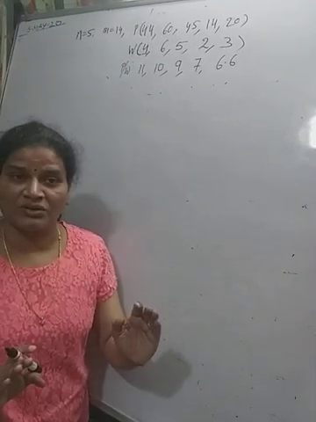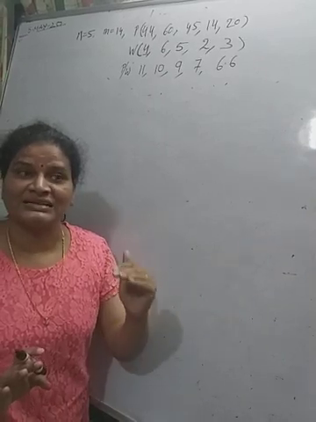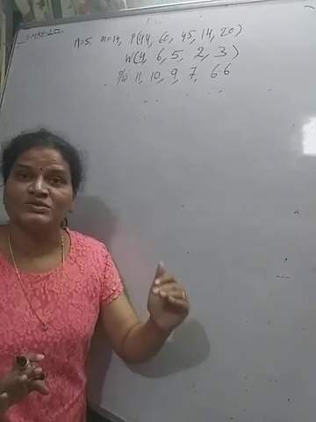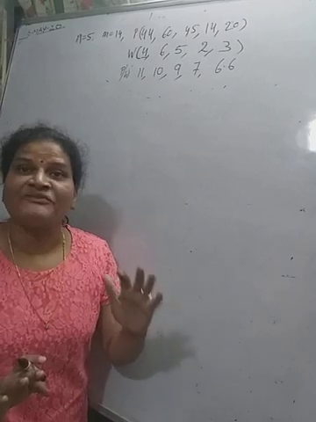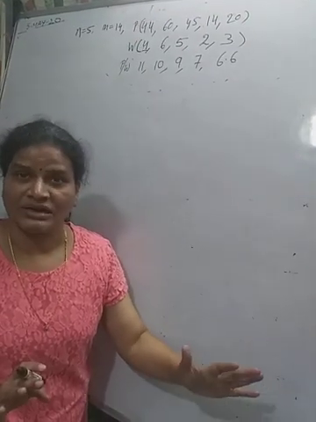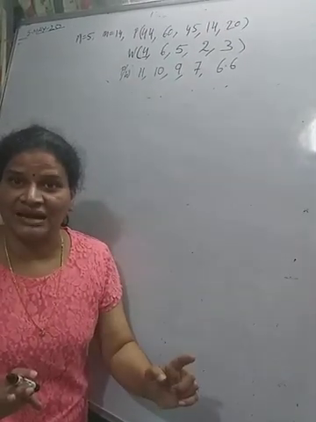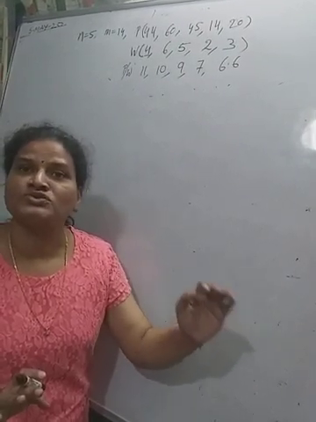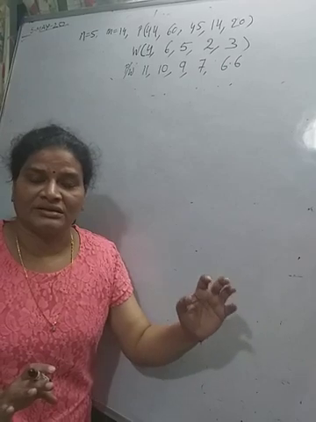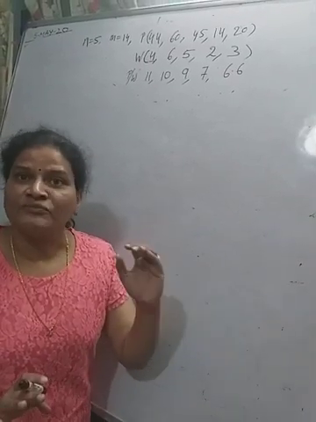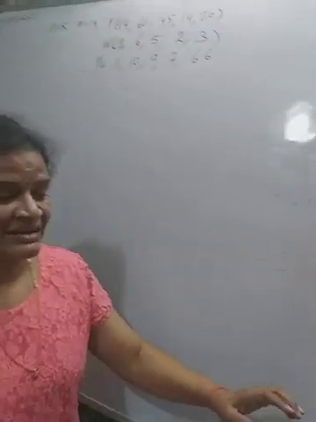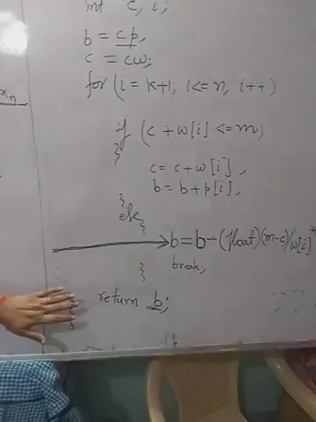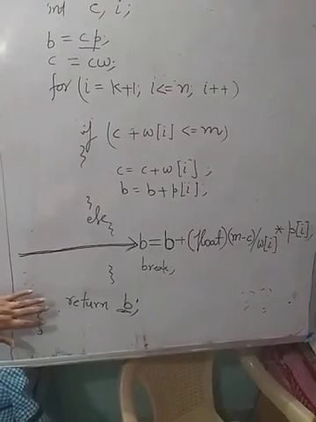Just carefully note down that in the bound function for k plus 1 to nth object, fractions are allowed, and when fractions are allowed, then the greedy method is used to compute the profit, and whatever profit is generated from this bound function is the maximum profit, as I explained.